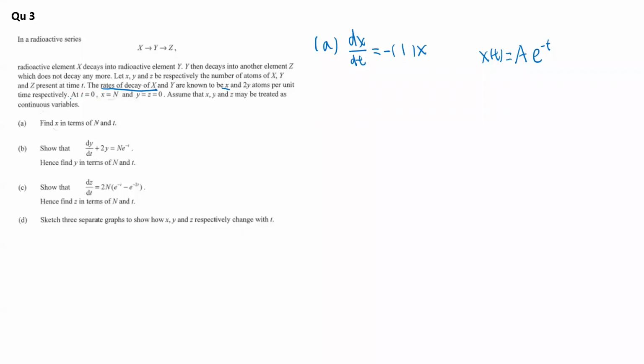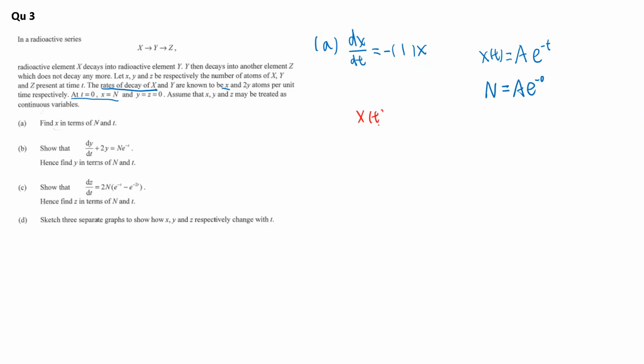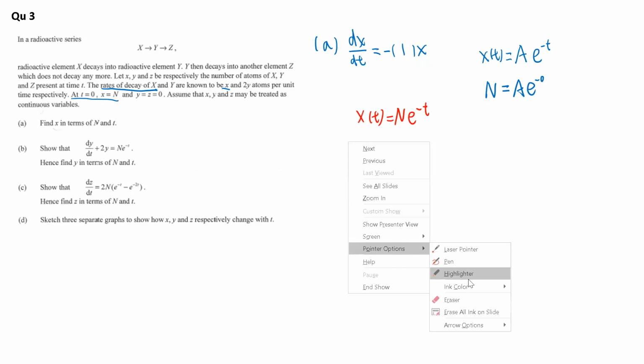But with the initial condition given, we can figure out A. It says that at t equals 0, x is given by this capital N. So at t equals 0, we have N equals A times e to the minus 0, so A equals N. So the final answer is x is N e to the minus t. So that's part A.